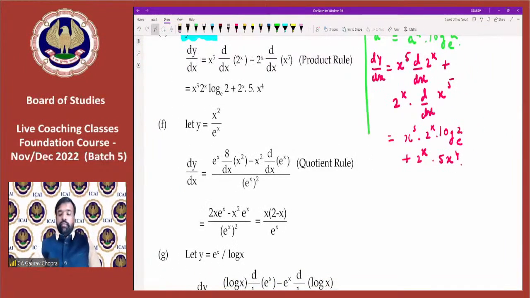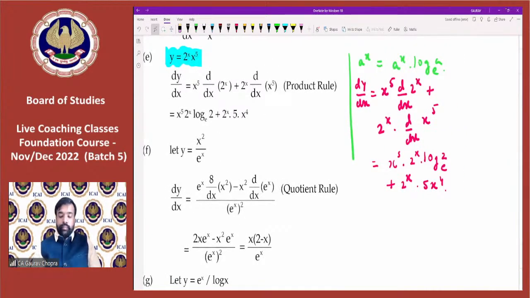Now if we want, we can take something common. So what is common? We can see 2 to the power of x can be taken as common. X to the power of 4 can also be taken as common. And what is left?